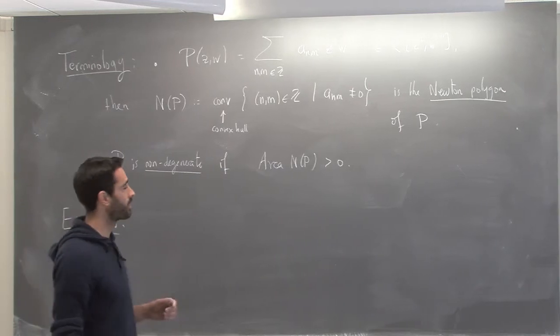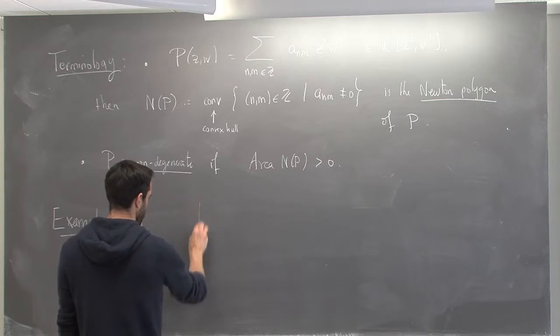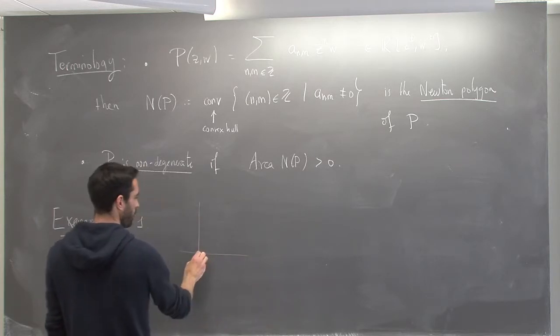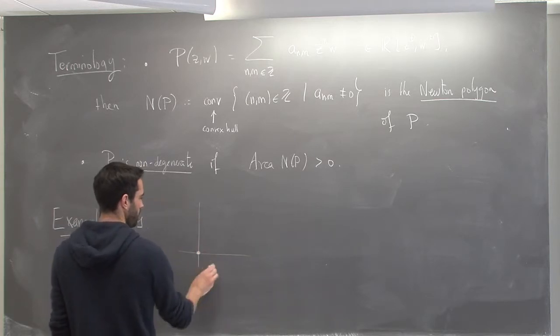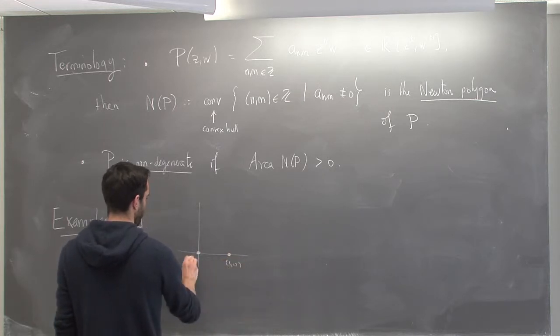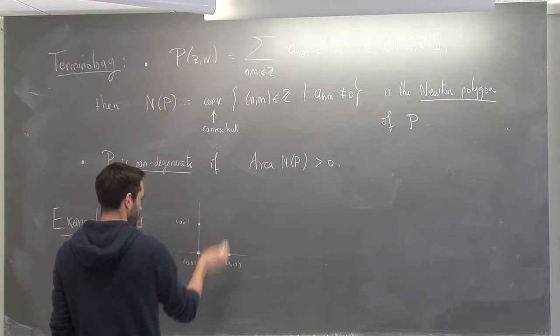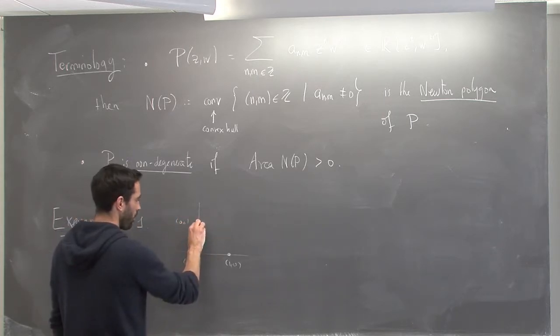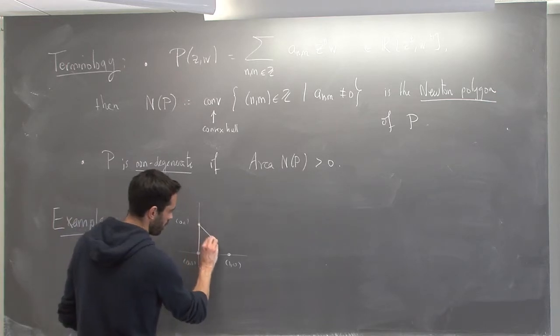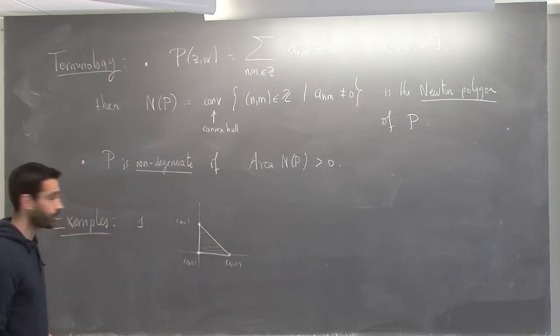Let me go back to these examples. The first example was the hexagonal lattice. We have three coefficients that are not 0: (0,0), (1,0), and (0,1). If I take the convex hull of these 3 points, I get this.